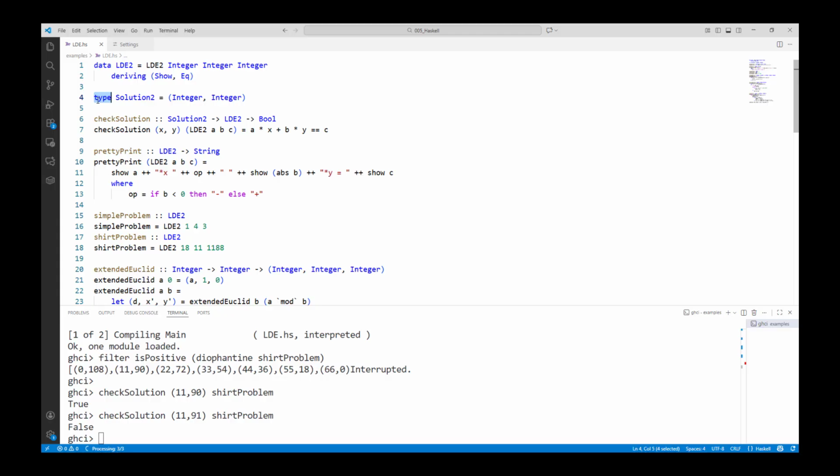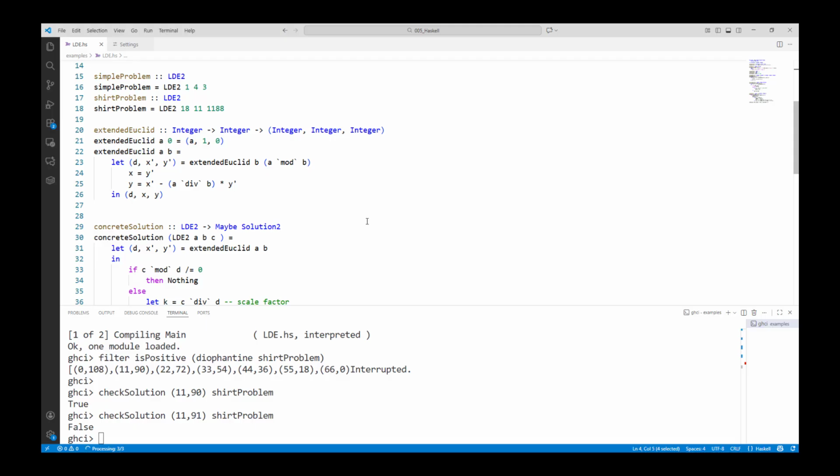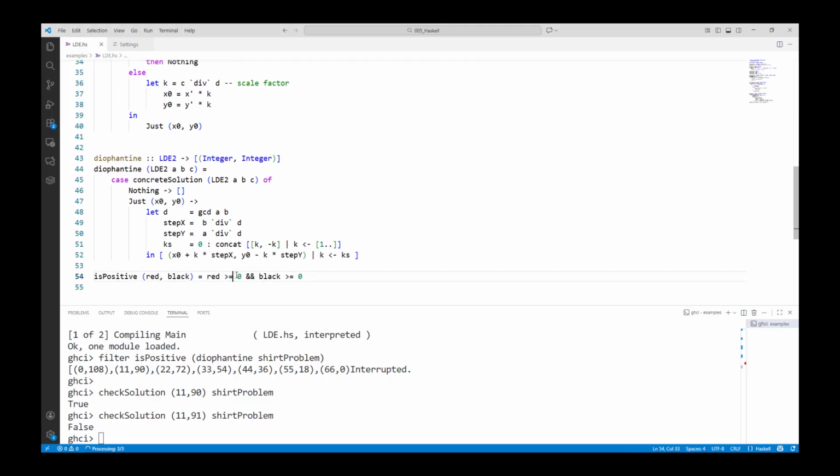We solved it with an algorithm, which is probably more than 2000 years old. And finally, we used infinite lists to list every possible real-world option, only for giving red and black, so to say, and using filter.